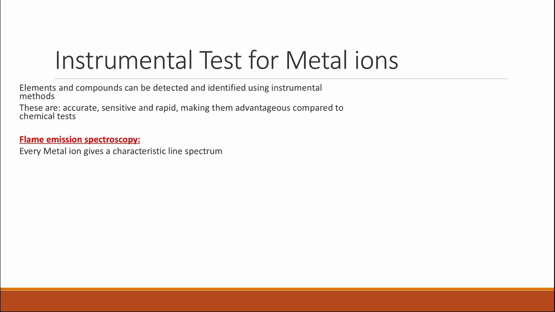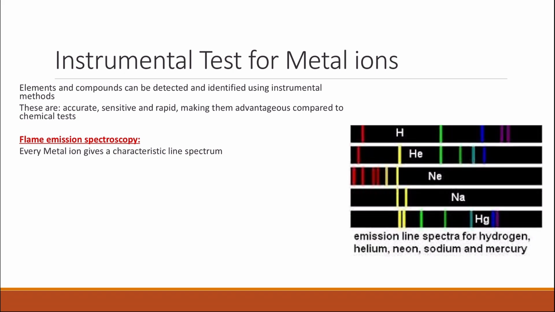Every metal ion will give a characteristic line spectrum when put in a flame. If you put your element or compound in the flame and it has a certain metal, each metal will have a different line spectrum because the element has electrons in a specific energy level.